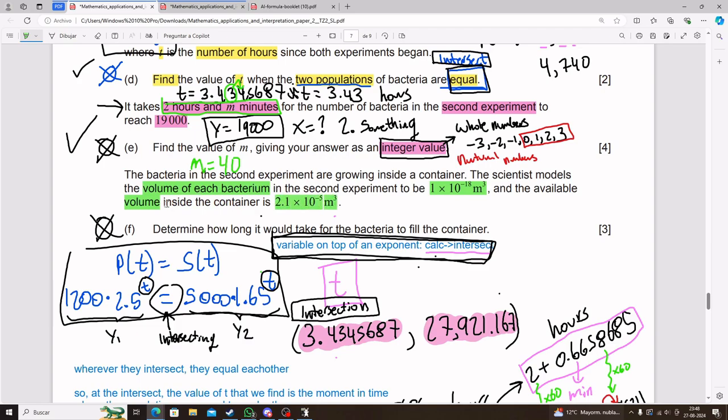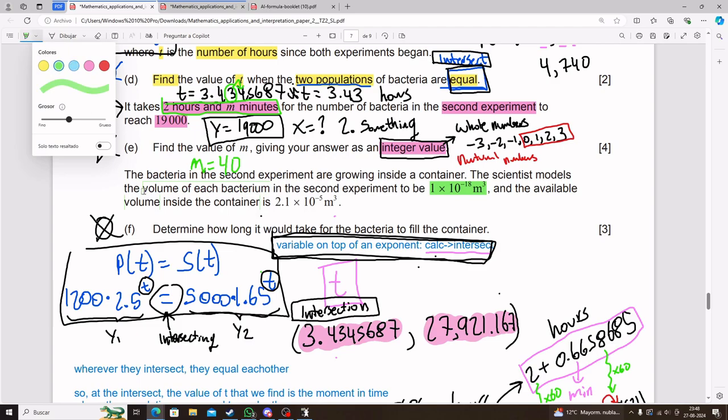Okay, so one is the volume for the bacterium, one is the volume for the container. Let me color code this a little bit better because it probably will be more important. What's in green is volume for bacterium, while what is in blue is volume for the container.